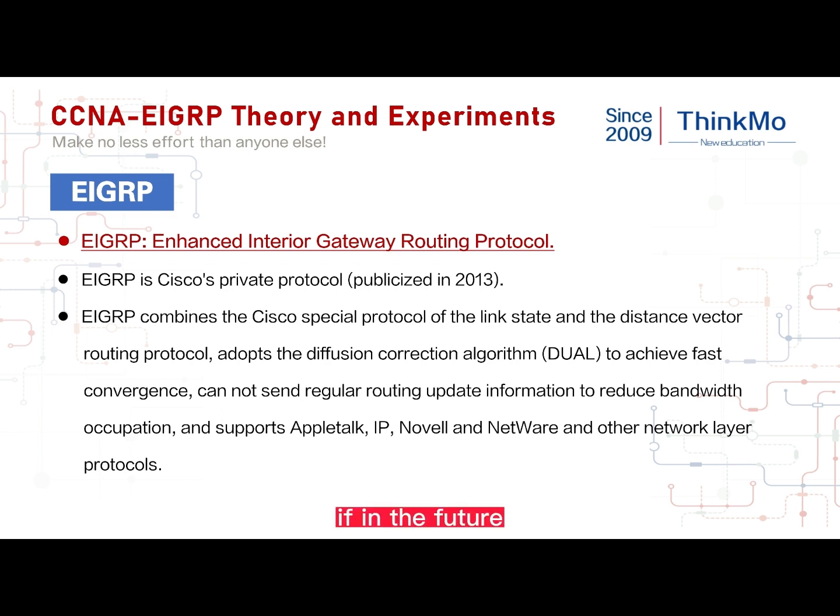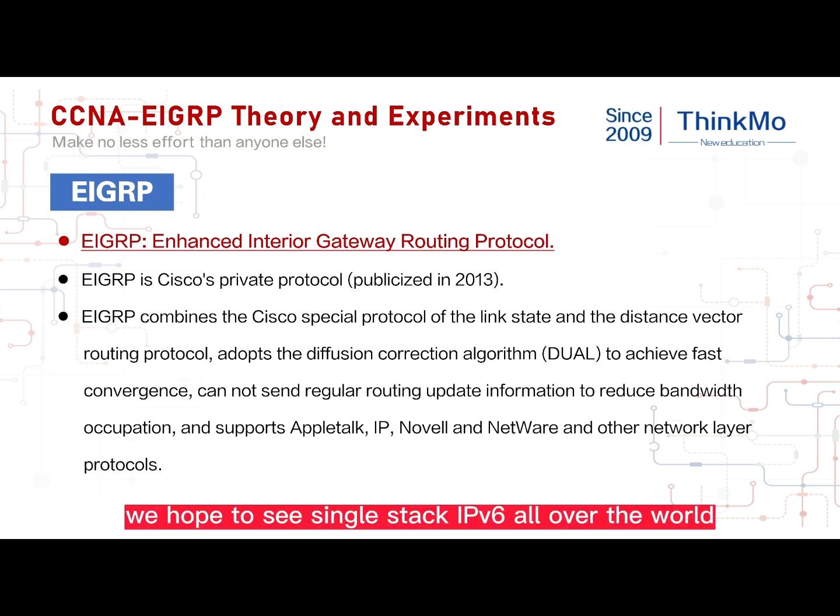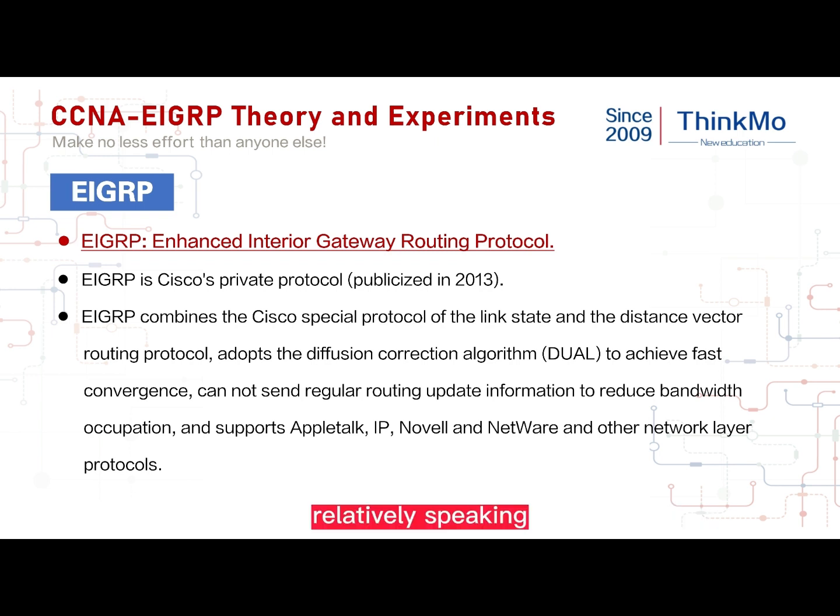If in the future we hope to see single-stack IPv6 all over the world, relatively speaking, it is still a long way off. It will take decades. Single-stack means IPv4 is completely unused, IPv6 only. In fact, this is a very long process.